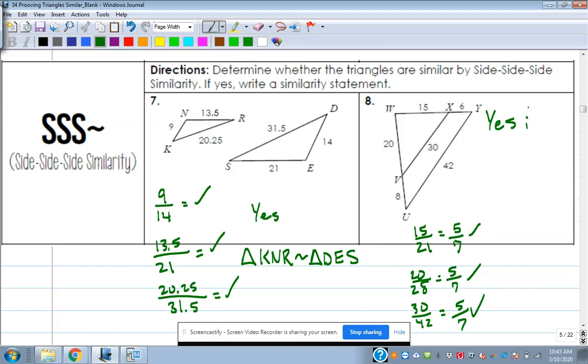And let's get a similarity statement. WXV, similar to what? Yeah, W. Again, that's not the only similarity statement you can do, but it'll work. All right.